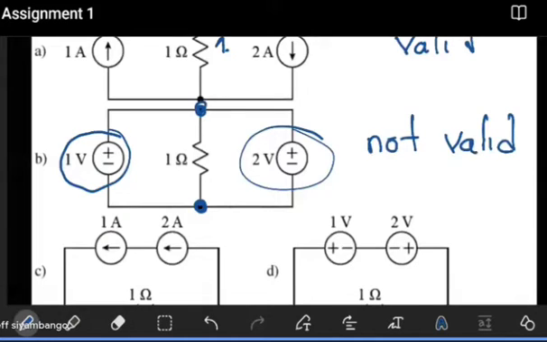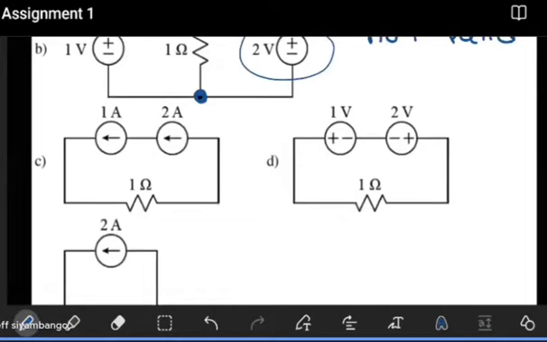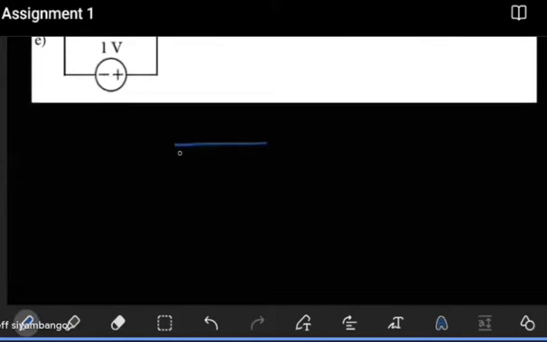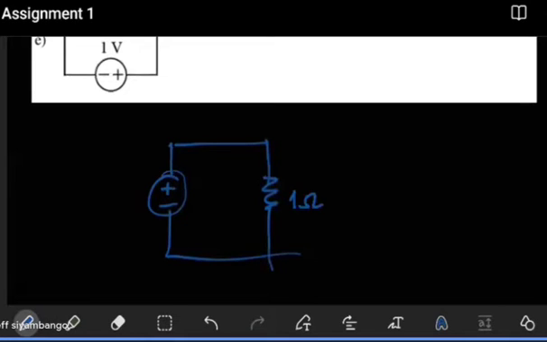Why? Well, across the 1 ohm resistor, according to the left part, this is supplying a 1 volt source. If I gave you a circuit like this, with plus, minus, and here a 1 ohm resistor, and let's say this is a 1 volt supply, you can even use KVL here.